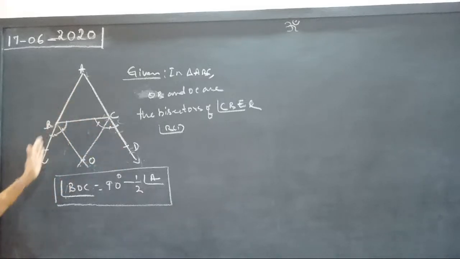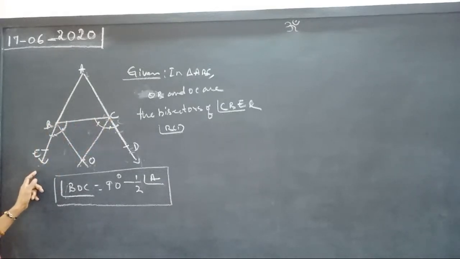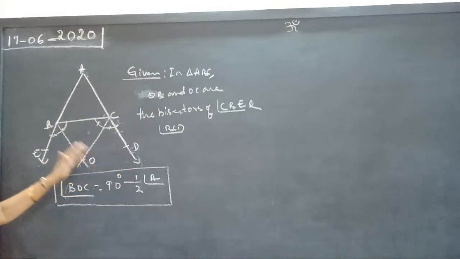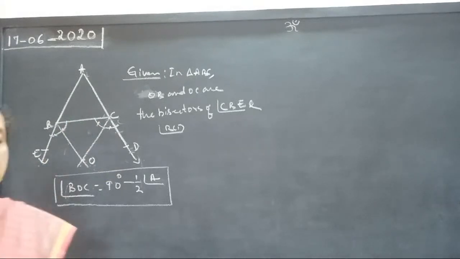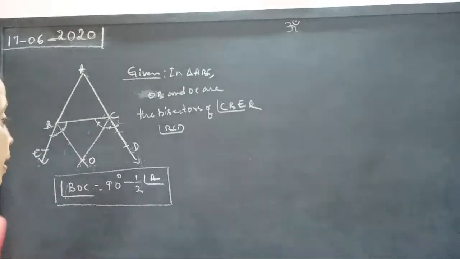When the side is produced, angle CBE is an exterior angle, BCD is another exterior angle, where OB and OC are the bisectors of the exterior angles.